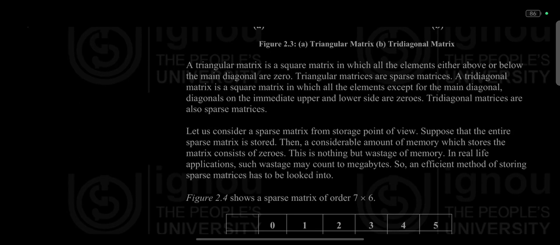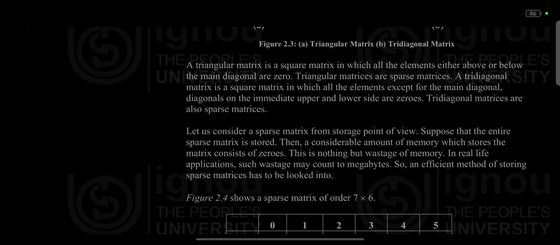Let us consider a sparse matrix from a storage point of view. Suppose that the entire sparse matrix is stored, then a considerable amount of the memory which stores the matrix consists of zeros. This is nothing but wastage of memory.